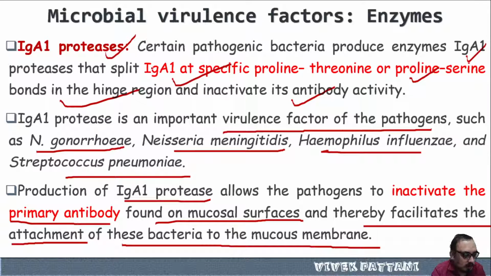For example, let us assume this is an antibody and this is an IgA1 protease. What will they do? They will simply bind with the IgA antibody, thereby limiting its functions.